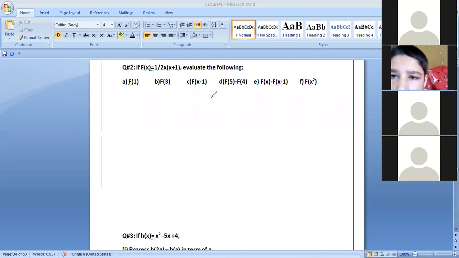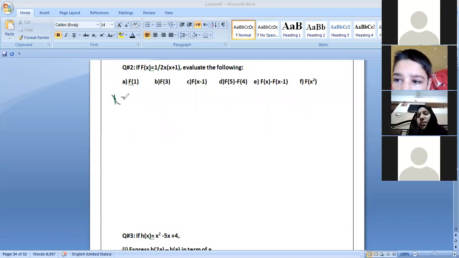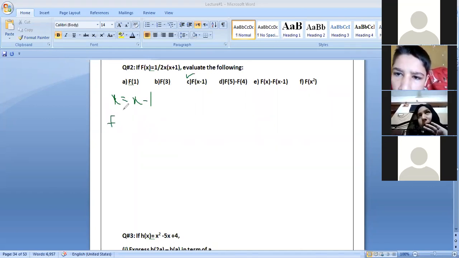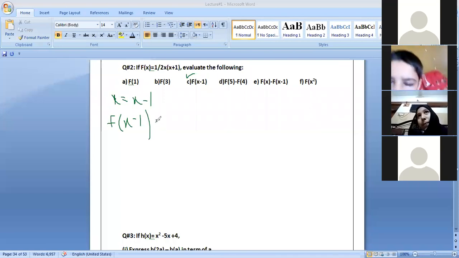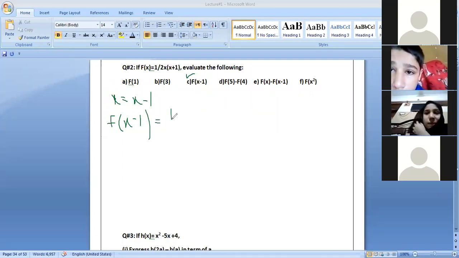See, we have f of x minus 1. In place of x, we have value given x is equal to x minus 1. I am solving part C and x is equal to x minus 1. Okay. And then it becomes f of x minus 1 is equal to 1 upon 2.